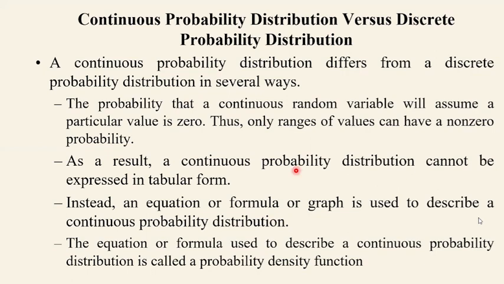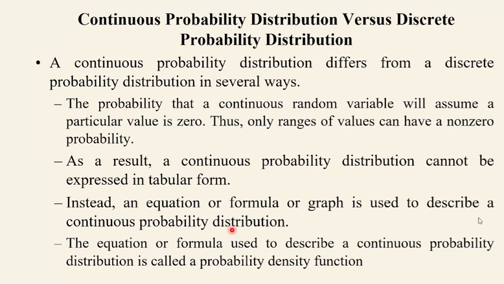So how can we express our probability distribution for a continuous random variable? In an equation form, that means a formula, or a graph, right? In the previous slide, we used the graph to describe the continuous probability distribution, right?